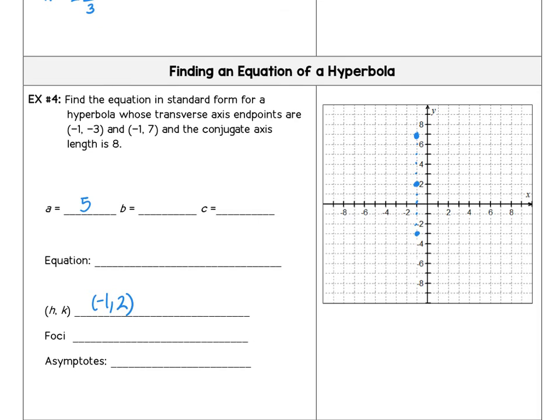Then the other one, the conjugate axis length is 8, so that would be 4. Okay, so then I have to go over 1, 2, 3, 4. 1, 2, 3, 4. All right, so that contains my little box, like that.